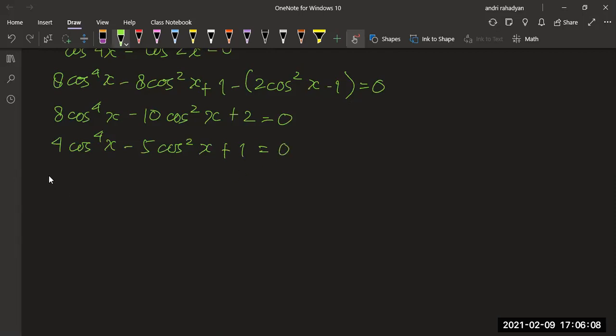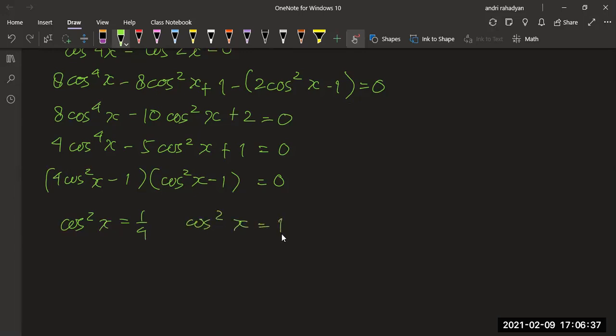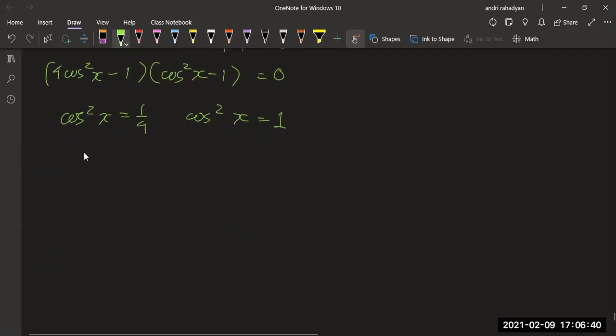This factors, so we have cosine squared x equals 1/4, or cosine squared x equals 1. So cosine of x equals plus minus 1/2, or cosine of x equals plus minus 1.